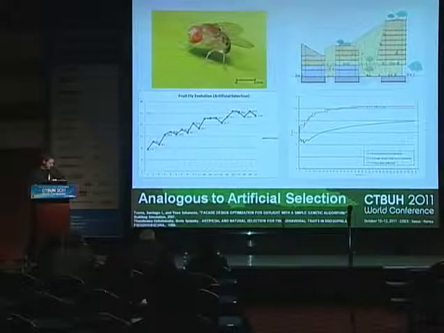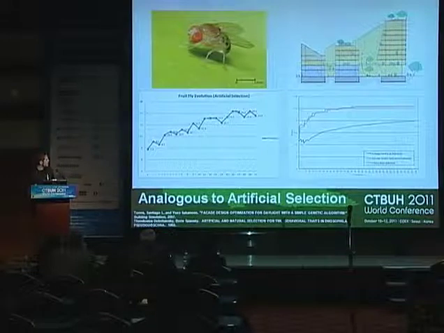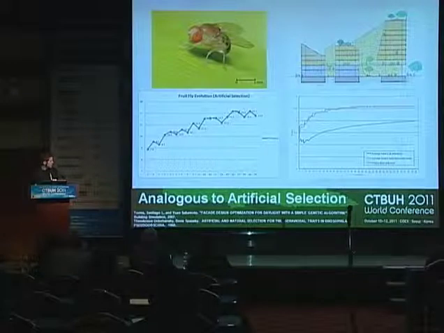And you can notice how closely the evolution of the building matches evolution in nature. This is a study where fruit flies are selected for phototaxis, or sensitivity to light, and in a mere 20 generations show noticeable change. This mimics what we see in our building optimization process.